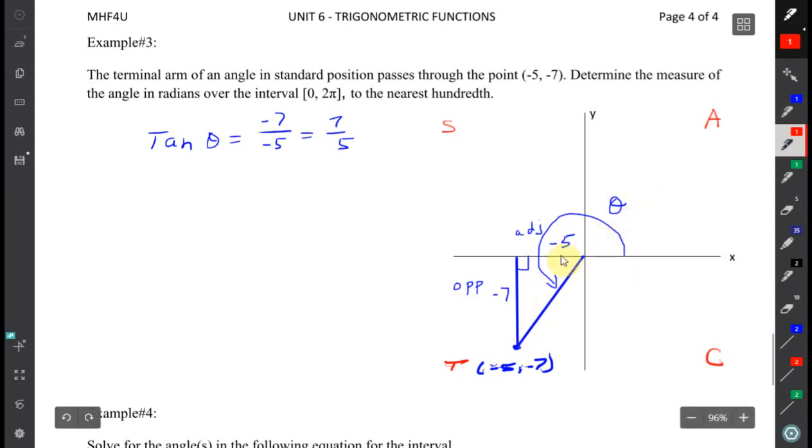So both of these could yield the same answer. So we're going to have to interpret our answer once we do the inverse tan. So I'm not going to say it's theta yet. I'm just going to do the inverse tan of 7 over 5 and see what angle I get.